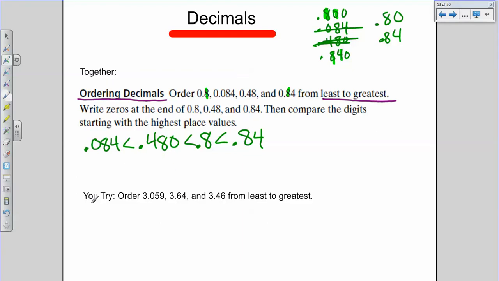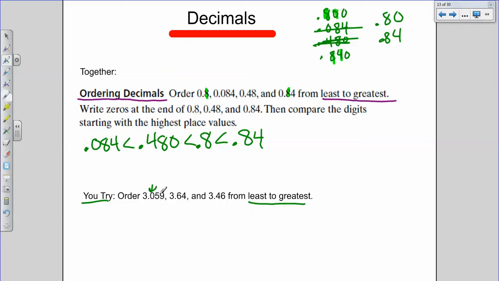So now you try ordering this decimal. Hit your video on pause, and I'll be back with the answer that you should have. All right, we're going to do this from least to greatest again. So I can see everything has a whole number of 3.